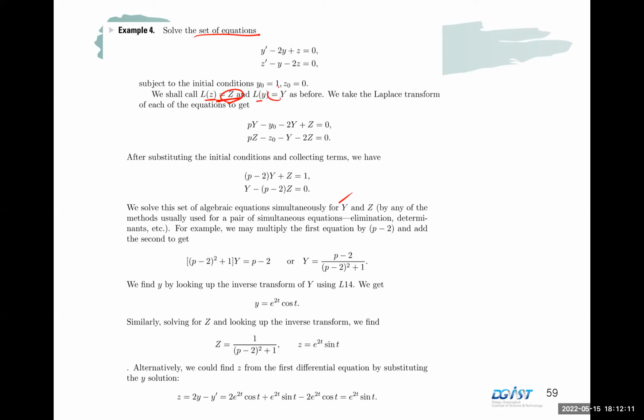So we have a capital G, capital Y. And if you take the Laplace transform, we have this form. And if you rearrange this one with the initial condition, this is nothing else but a simultaneous equation for the capital Y and capital G. So you can obtain the capital Y and G as a function of p, and taking the inverse transform, you can obtain the solution.